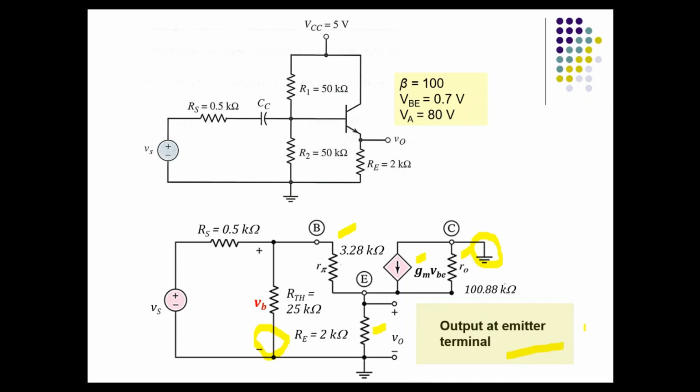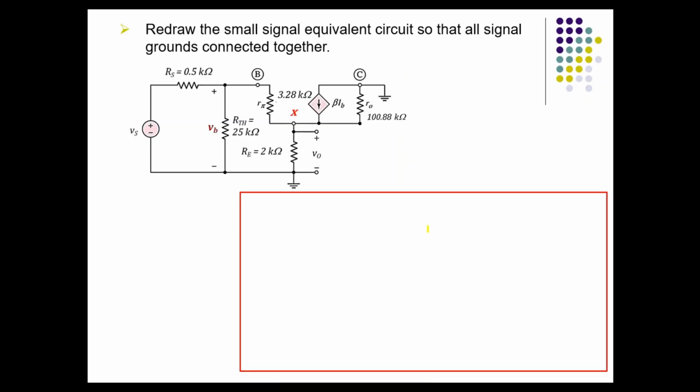In order to make this AC equivalent a standard amplifier block, where the output side is at the right hand side and the input is at the left hand side, what you need to do is rearrange the configuration. This is the configuration just now in the previous slide. I want to make my output on the right hand side, input at the left hand side.